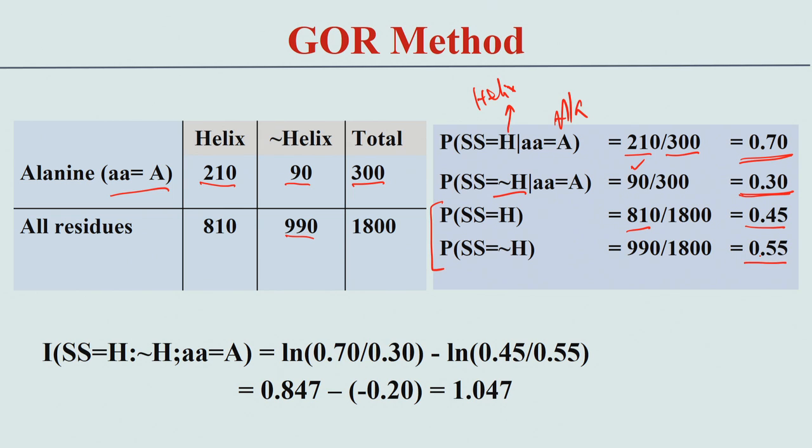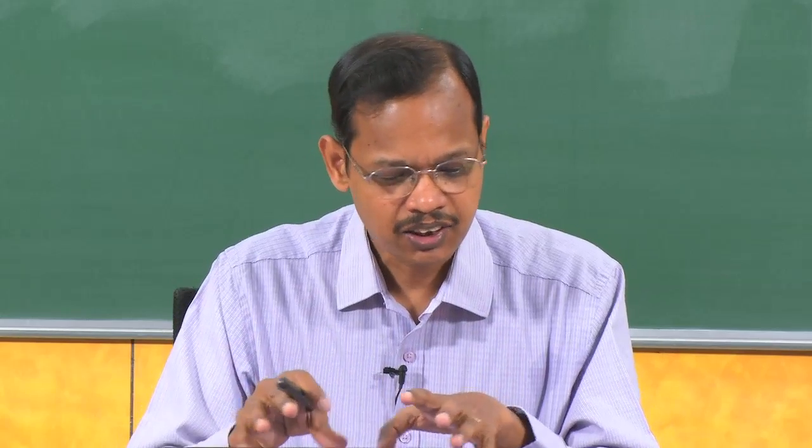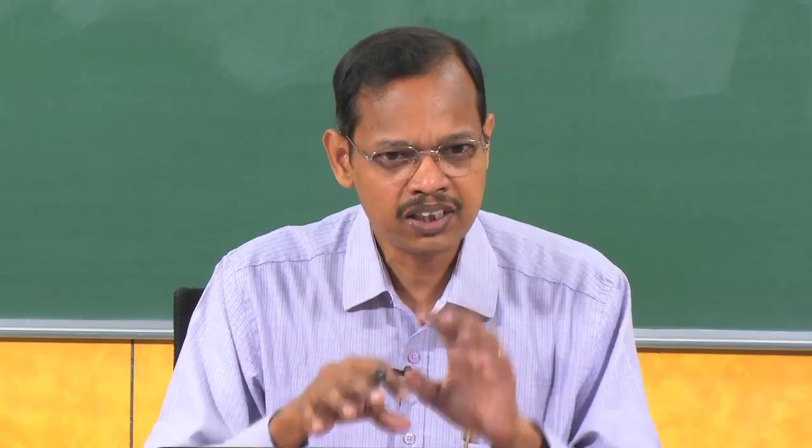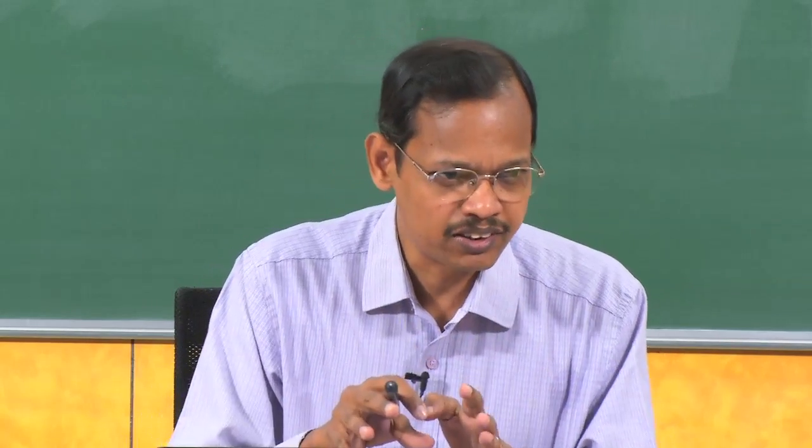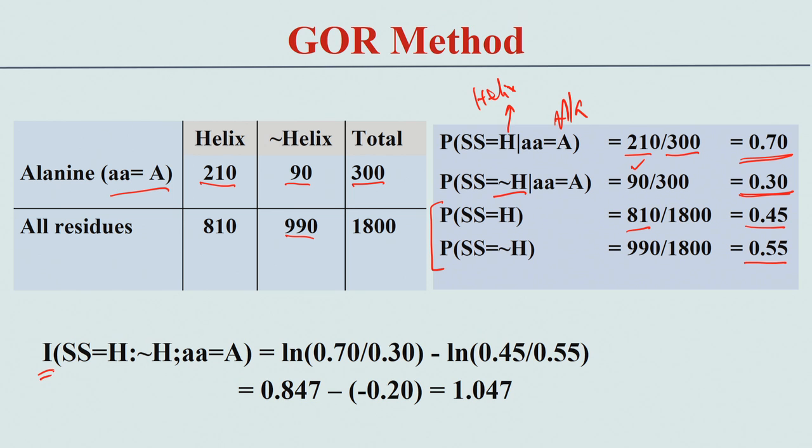We use this information to get the probability of alanine to be in alpha helix. So, this is called the information content. You can see the probability of alanine in helix is given as logarithm of 0.7 by 0.3, this is for alanine, and here this is for the whole protein.